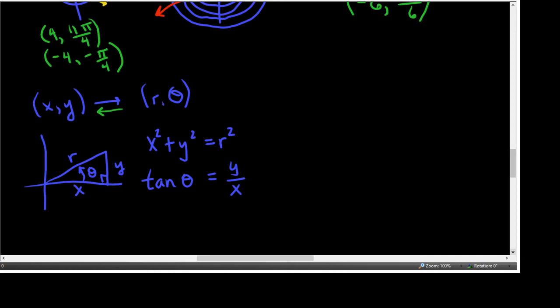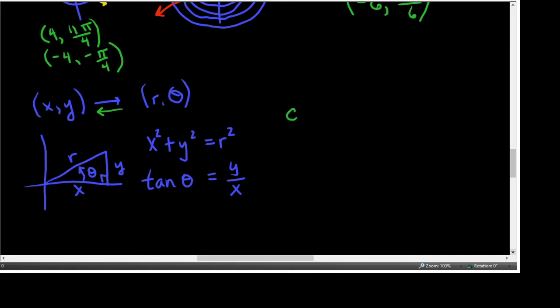Now, going the other way, if I know r and theta and I'm asked to find x and then find y, you might remember there are some other relationships that involve, let's say, r, theta and just x. If you look at the triangle, x and r and theta, x would be adjacent, r would be the hypotenuse.